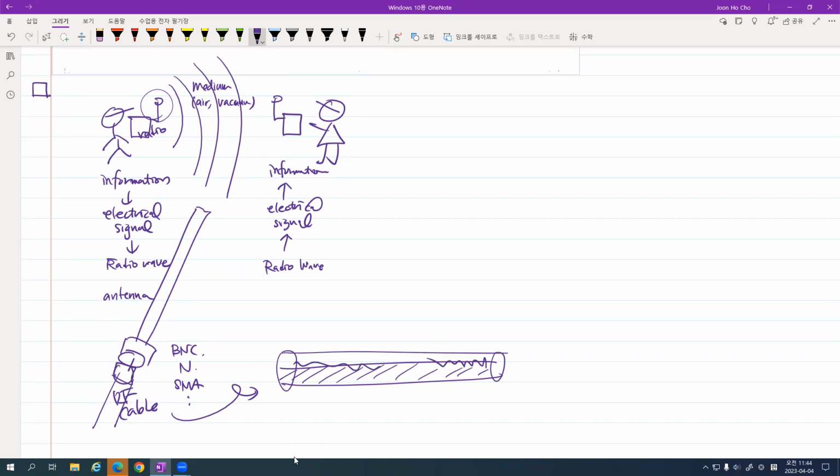And if this is the end connector, there is some special coupler that changes this ripple to radio wave. Got it? What is important here is that up to here it is an electrical signal, and here the antenna radiates radio wave.